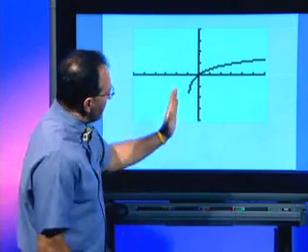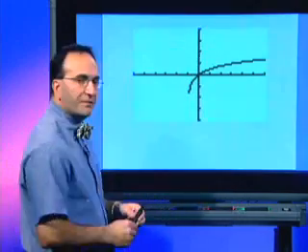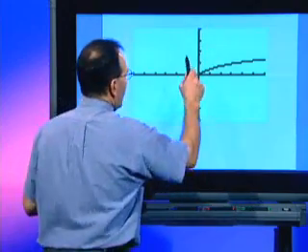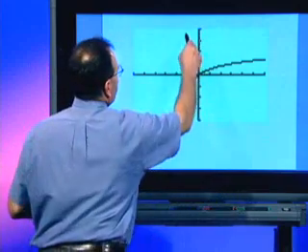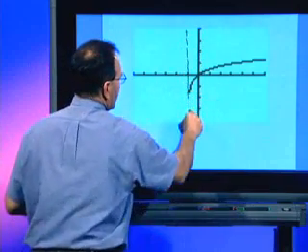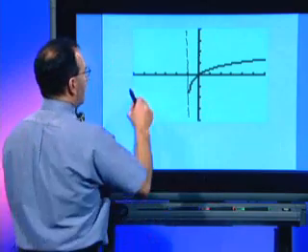So what about the domain? The graphing calculator doesn't show you this, but we have a vertical asymptote coming right down through -1. So the domain is from -1 up through infinity.